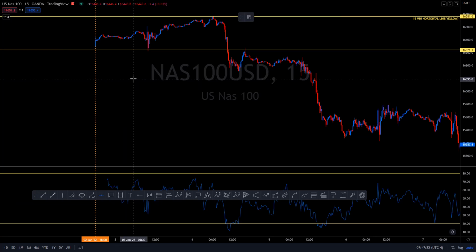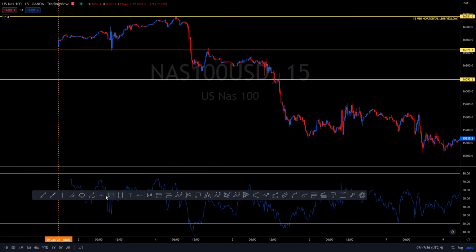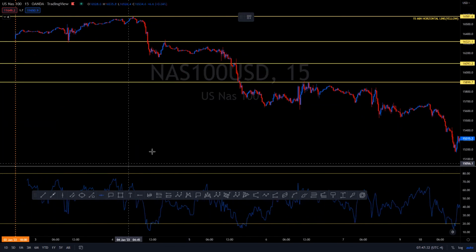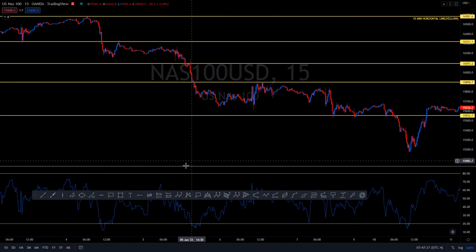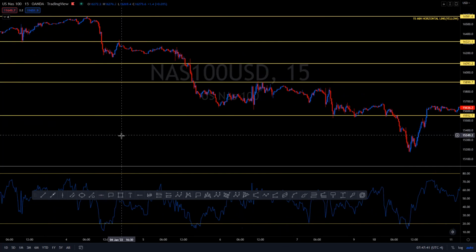Here's the reason why you want to mark up these areas: because then you'll get an idea of how the institutions move. That's what's going to put you in the best, most profitable moves in the market. And that's what's going to help you to be a more consistent trader than just trading the retail way.